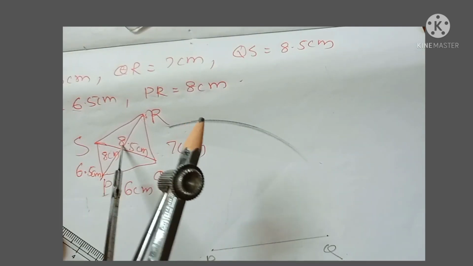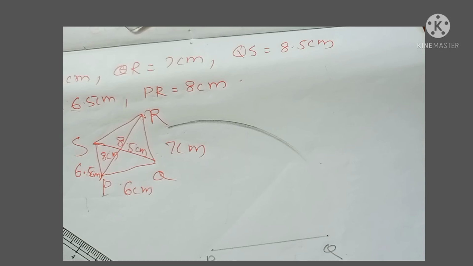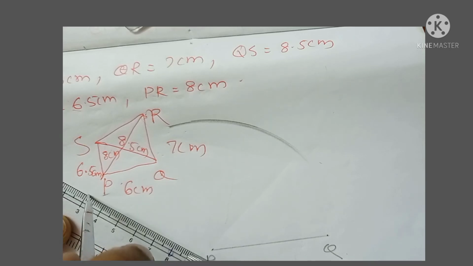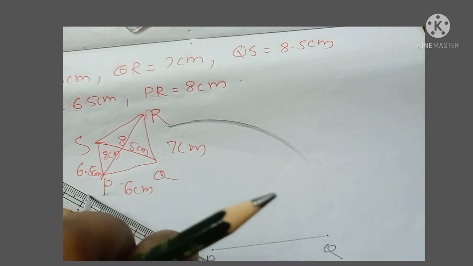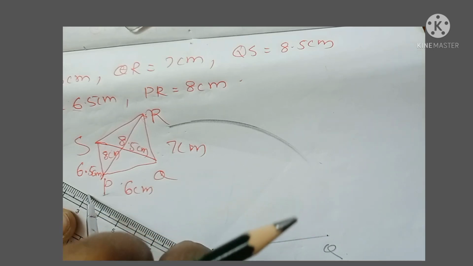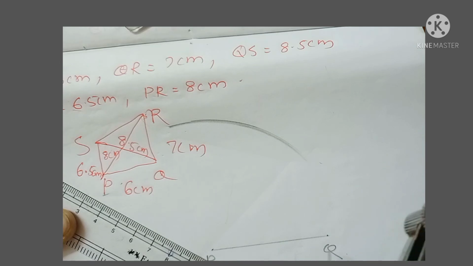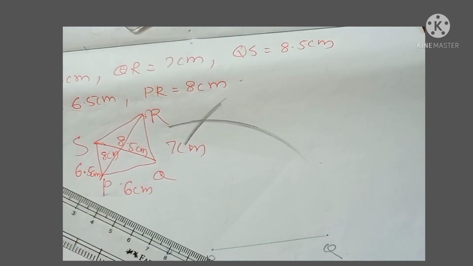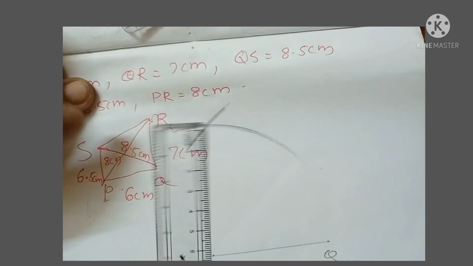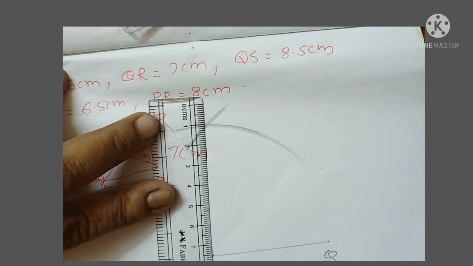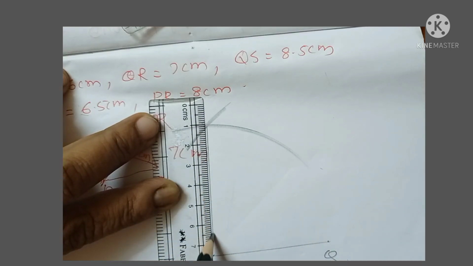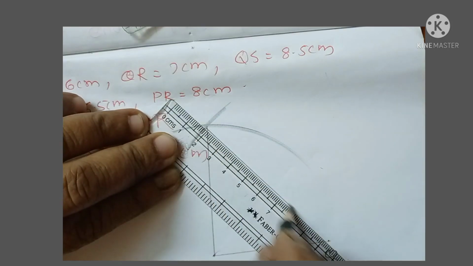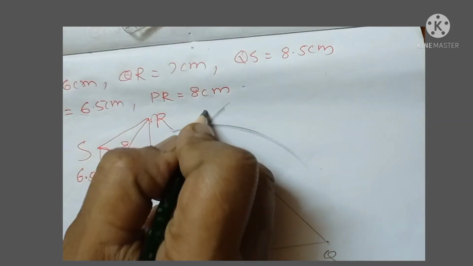Then from Q I want to take 8.5 centimeter. So from Q draw an arc showing 8.5. Then join that point with P and Q. So this is the point S.